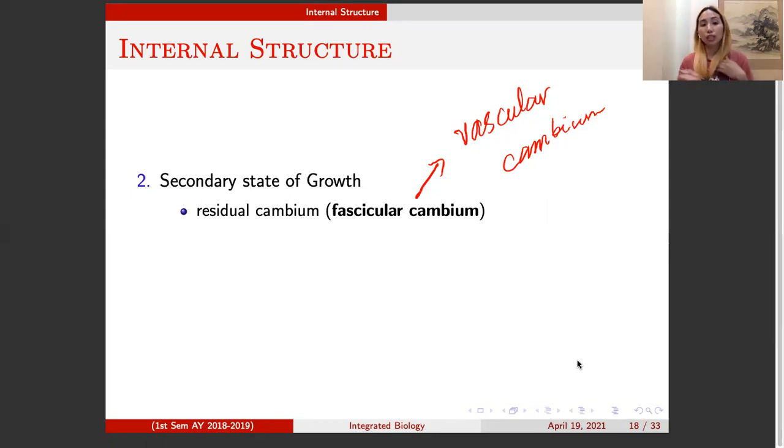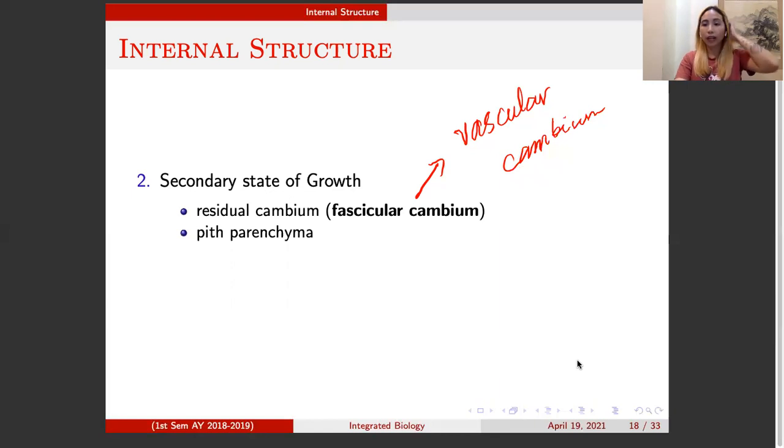Before the vascular cambium forms, which basically gives rise to secondary xylem and secondary phloem, the procambium will change slowly into a residual cambium and then a fascicular cambium. Okay? Now, in the secondary stage of growth of plants, normally we will find pith parenchyma.